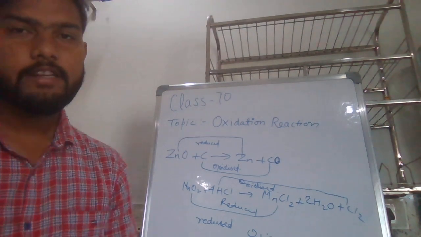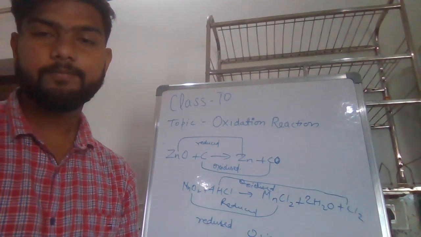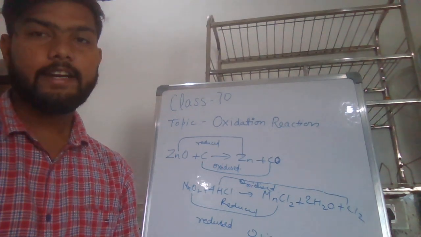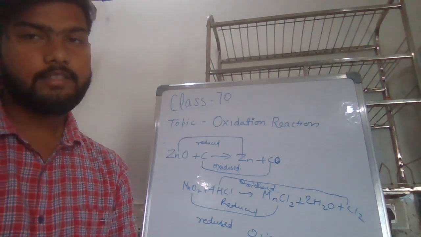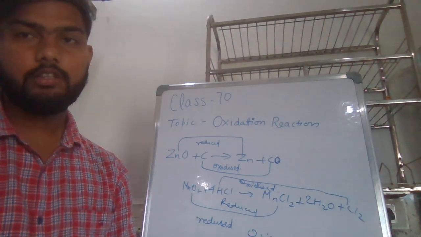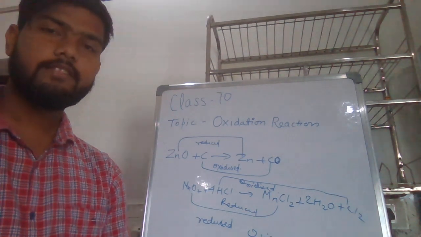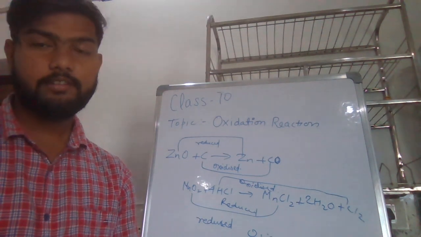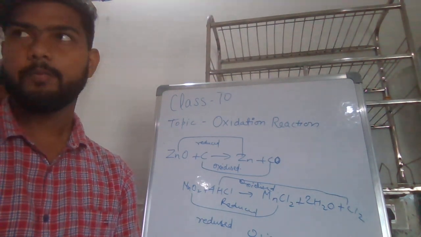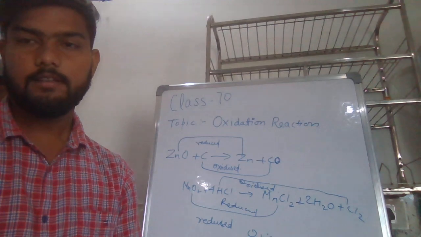And what is a redox reaction? A reaction in which one reactant undergoes oxidation whereas the other gets reduced during the course of the reaction is termed an oxidation-reduction or redox reaction. Okay, so I hope everyone is clear.